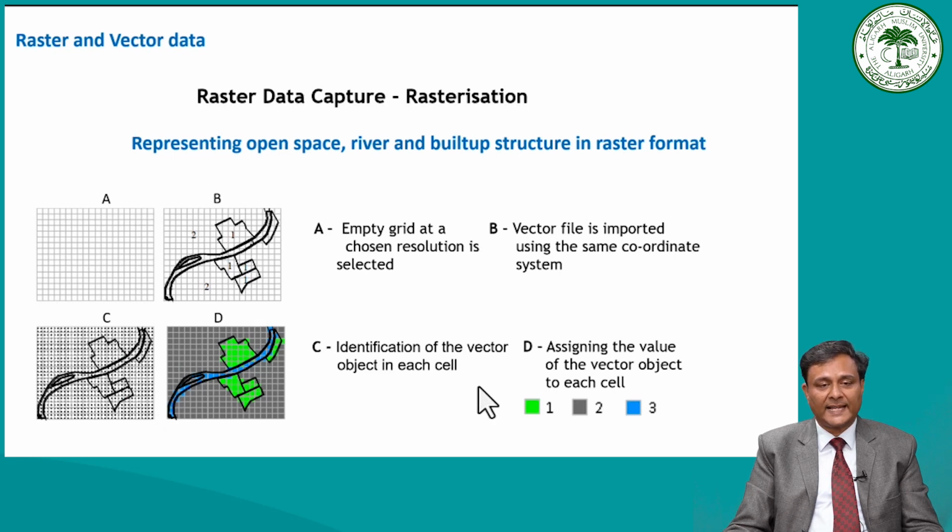Now when we are assigning these 1, 2, 3 pixel values, in the previous slide I assigned the attribute information in the form of 10, 20, 30. Here, to make it easier to recall what digits we are assigning, we are saying 1, 2, 3.